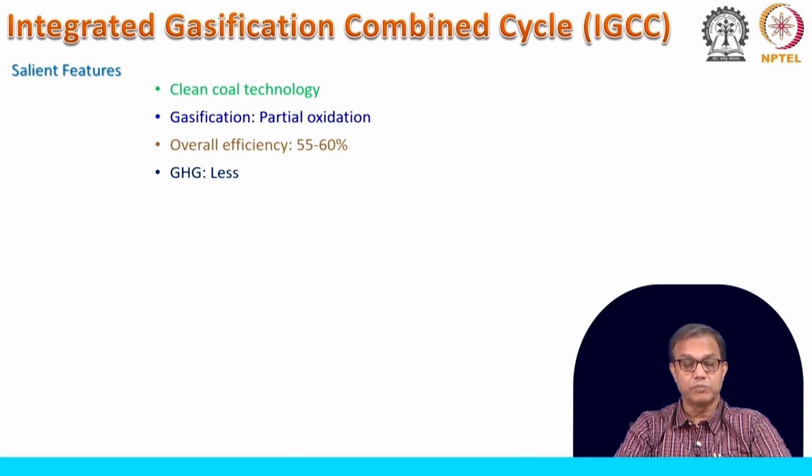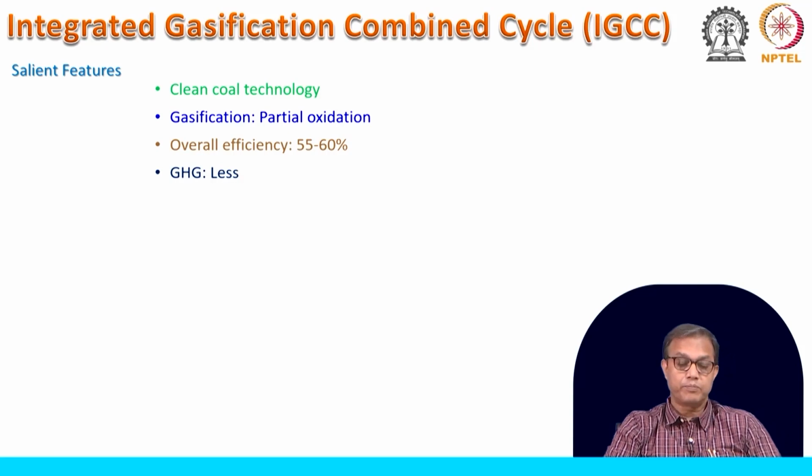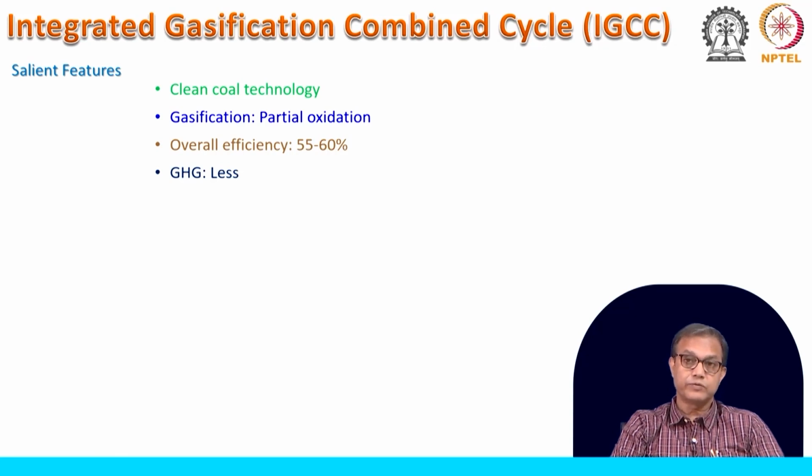a bit less compared to the other processes, because here we have the possibility of removing CO2 in bulk from the process, and of course, because we are using this oxygen, this generation of NOx is a bit less in this process, and elements like mercury etcetera will be removed along with the slag that is being formed.